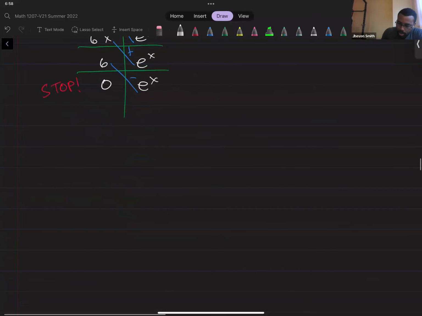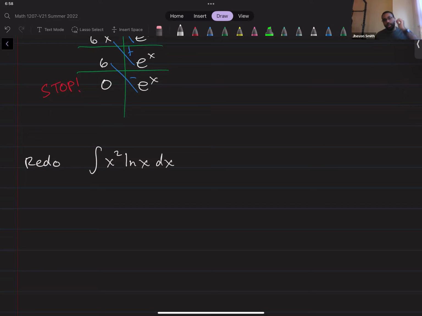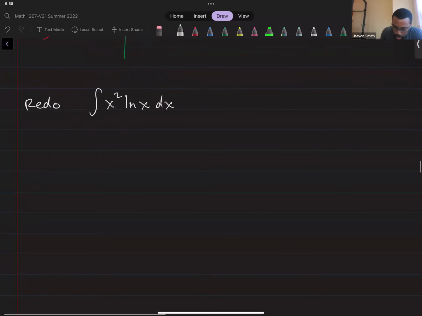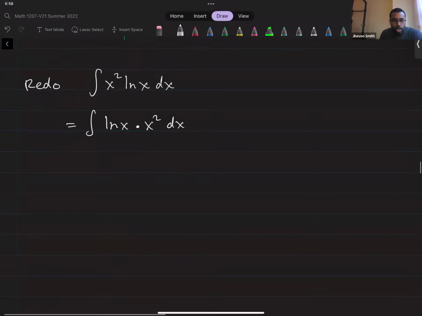So it'll work even, let's redo, we looked at x squared ln x. Right? Which for this, I would rewrite that as ln x times x squared, right? Because I want the u on the left side.